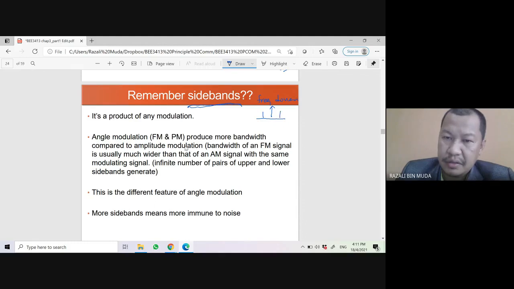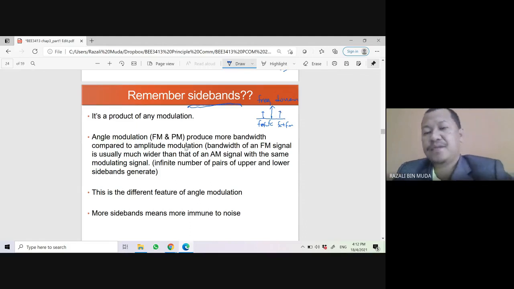This is FC. This is FC plus FM. This is FC minus FM. We call this the carrier, this is the upper sideband, and this is the lower sideband.